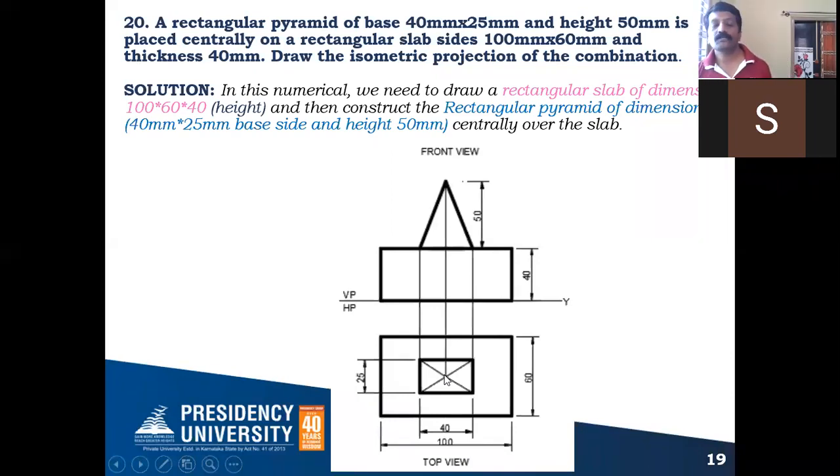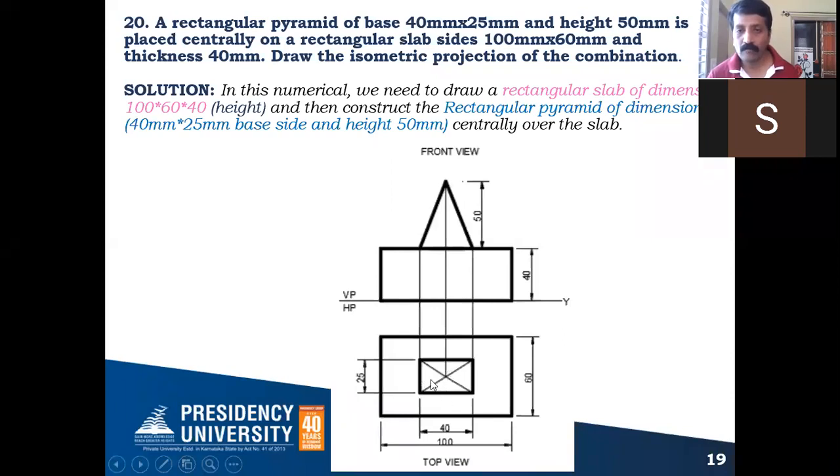Okay? So after that, what is the size of your rectangular pyramid? Base 40 by 25 millimeter. So on this horizontal line, 40 means 20, 20. 20 on either side I'll mark. Here I make it. Okay. And 25 millimeter, half of that means how much? 12.5. And on this vertical line, 12.5 here and 12.5 here I'll take and mark these 2 points.